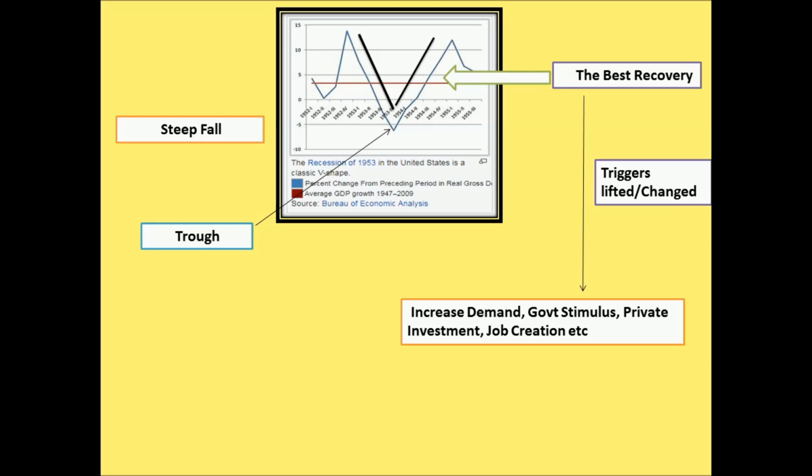To make it a V-shaped recovery, which is the best possible recovery, when the economy is falling, the demand has to be increased, the government has to put in lots of stimulus packages, and there should be lots of encouragement to investment by the private sector, which leads to job creation and more money in the hands of the people. By doing that, the V-shaped recovery happens, and this is otherwise called a quick bounce recovery.